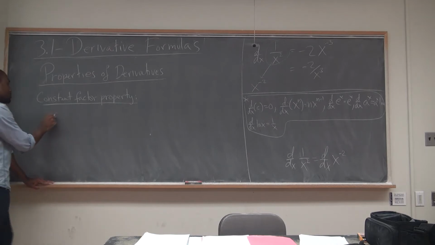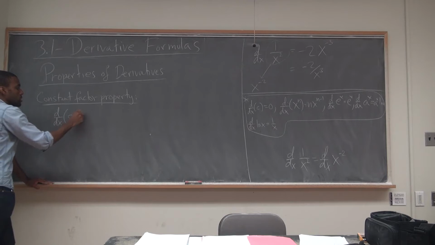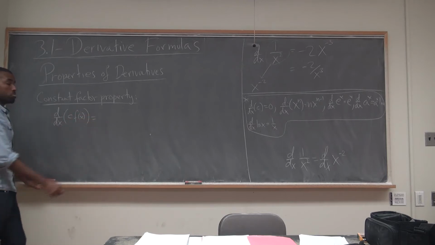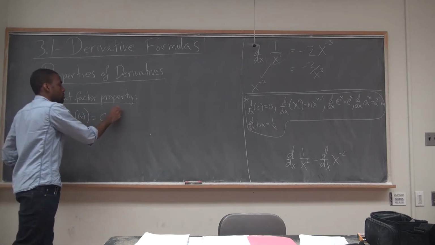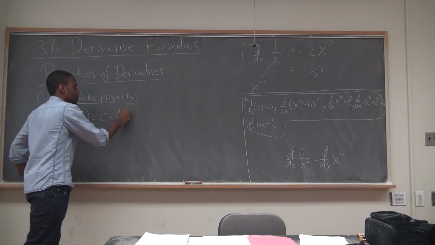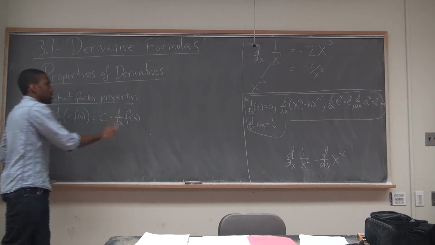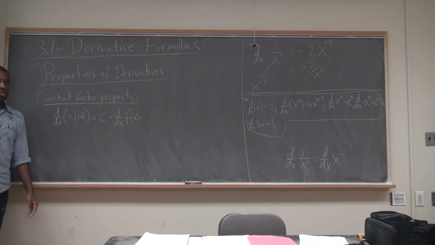This says the following. The derivative of a constant times a function is just the constant times the derivative of the function. In other words, we can factor constants out of a function when finding the derivative, and it won't affect anything.